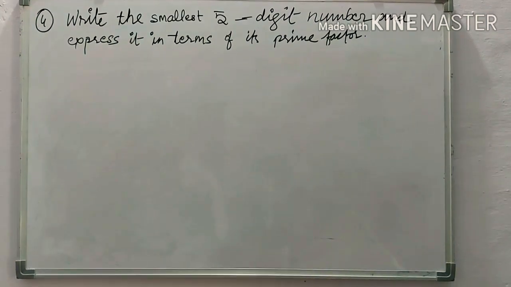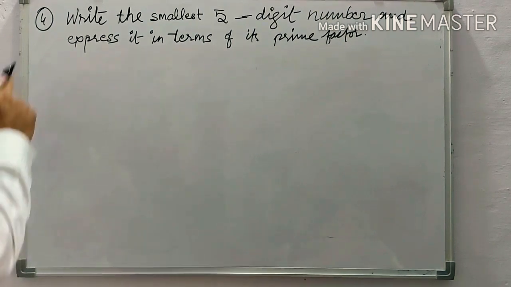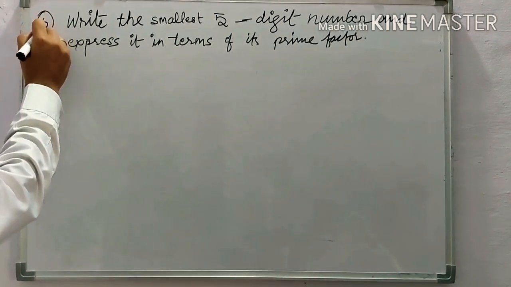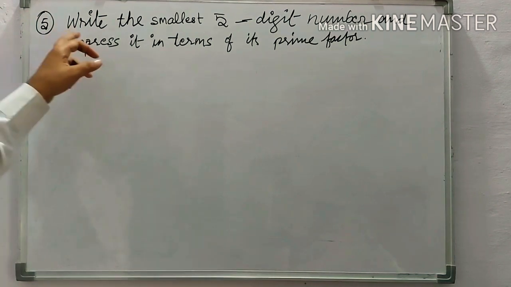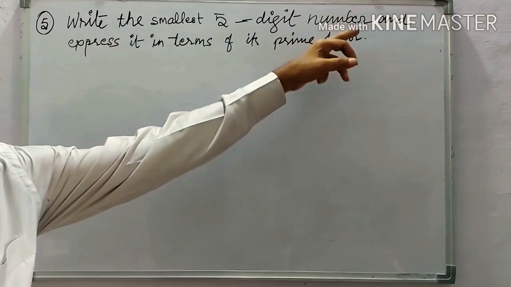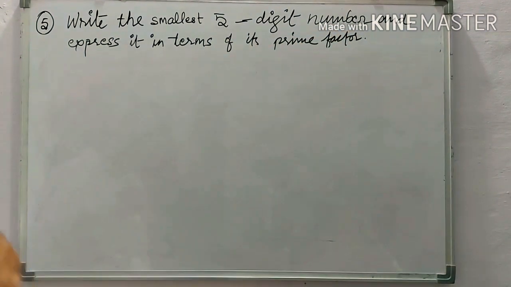Okay. Now next question. Question number 5. Write the smallest 5-digit number and express it in terms of prime factors. The previous question was the greatest 4-digit number. This question is the smallest 5-digit number.